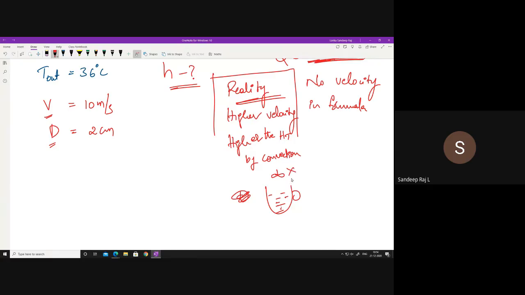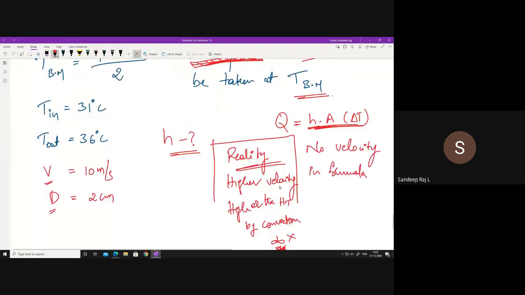So the heat transfer by convection is hugely influenced by the velocity of the fluid. Velocity of the fluid makes a big difference in your heat transfer by convection. That's why we call it fluid flow heat transfer. But the expression Q is equal to HA delta T is not in a position to tell you that velocity is there in this.